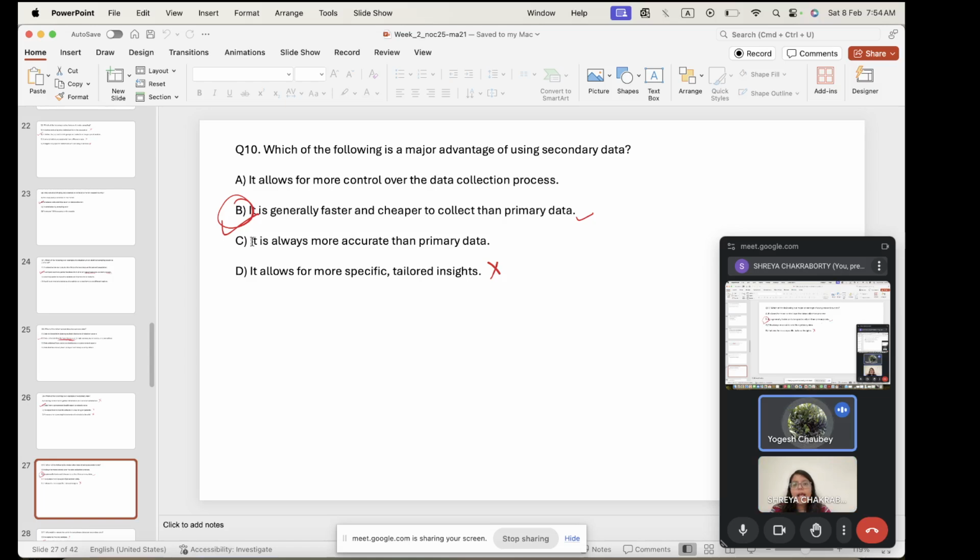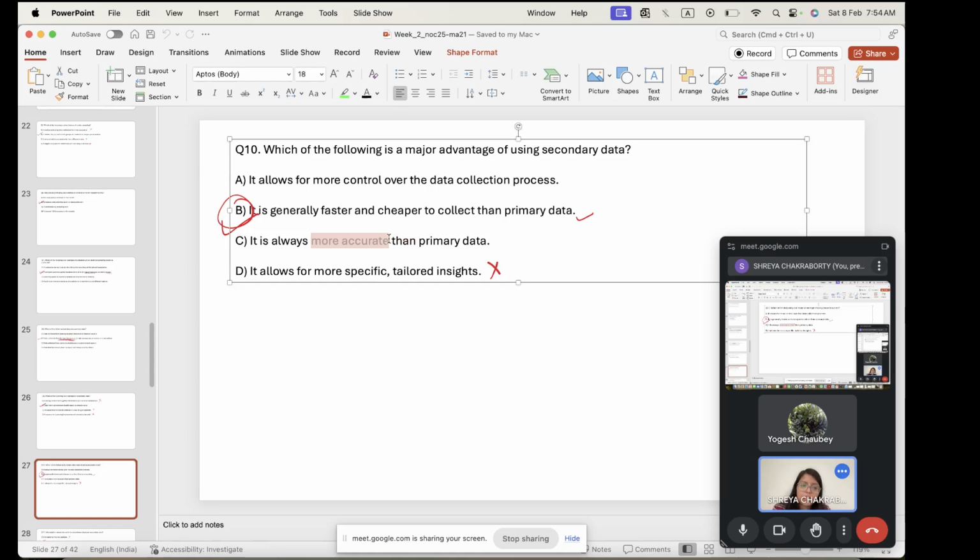And this question says it is always more accurate than primary data. This accuracy is a question mark, because are you talking in terms of collection and data integrity? It could be that. But are you asking in terms of representativeness?